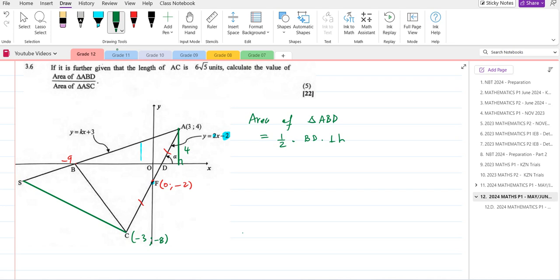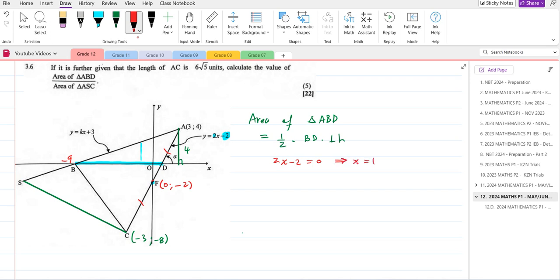And what's the base? BD is the base, from -9 to, what's the x-intercept here? We got the equation of this line. If we have the equation of this line, the x-intercept is 2x minus 2 equal to 0. This implies x is equal to 1.